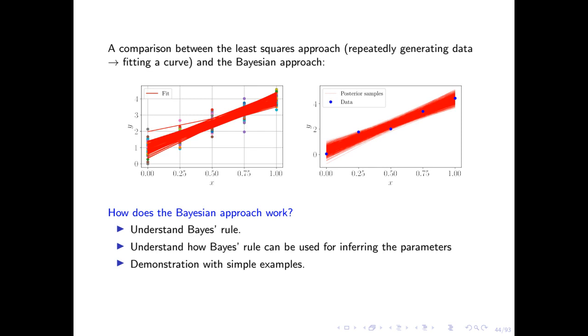So what I'm trying to say is, on the left slide, what we did was we generated many experiments. We fitted a model to each one of those experiments, and we saw a variation of models because the data were random and we had limited data points. Using a single data set, we can use Bayesian inference to recover that uncertainty. So we can quantify that uncertainty.